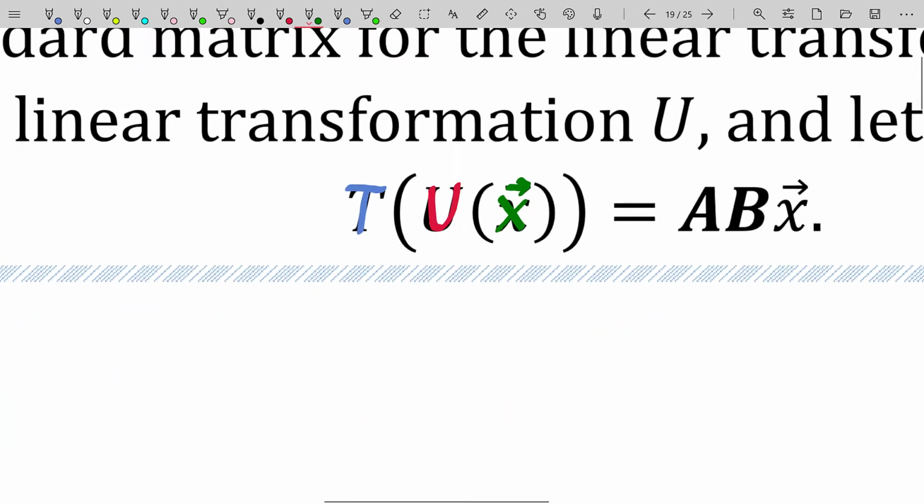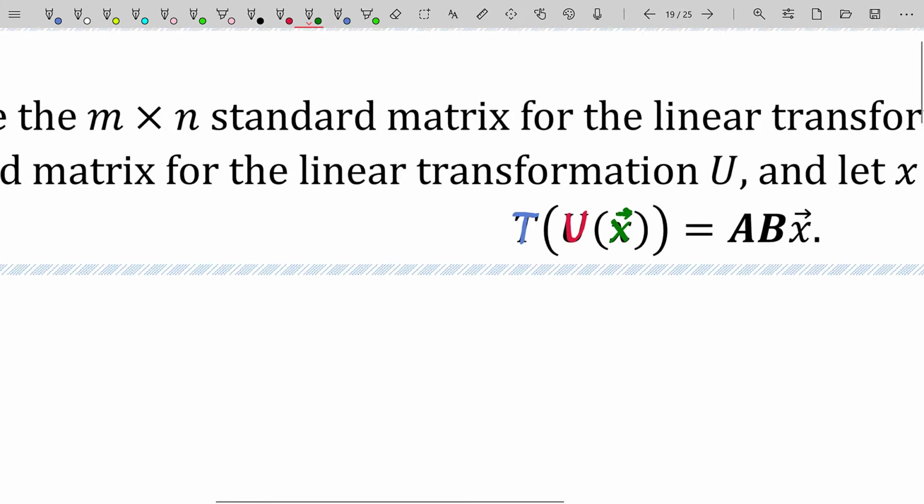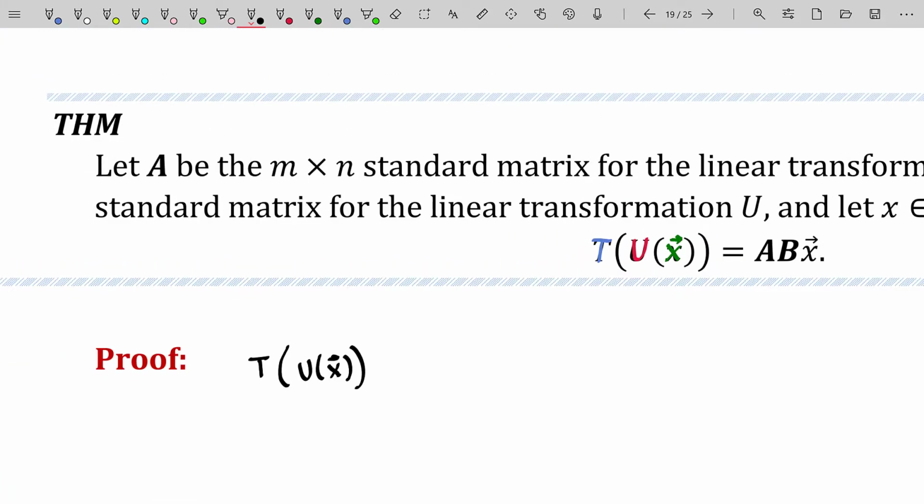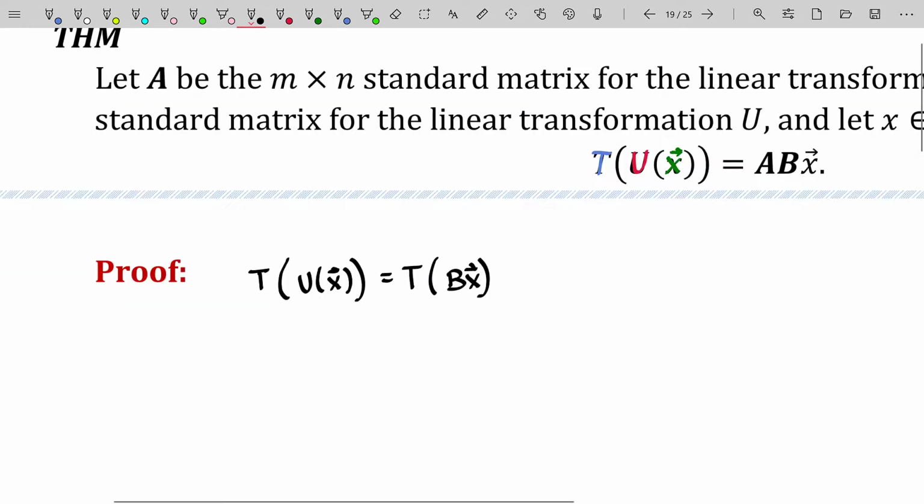The proof is actually not bad. By definition, U acting upon X is the same thing as B times X, and the transformation T acting upon that vector is A times, well, that vector.